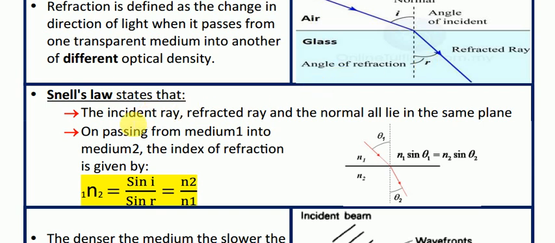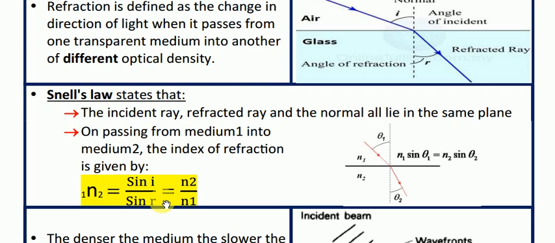Snell's law states that the incident ray, the refracted ray, and the normal all lie in the same plane, and that the angle of incidence and refraction are related to the refractive index N of the media concerned by the equation: N from medium N1 to medium N2 is equal to sine of the angle of incidence divided by sine of the angle of refraction.